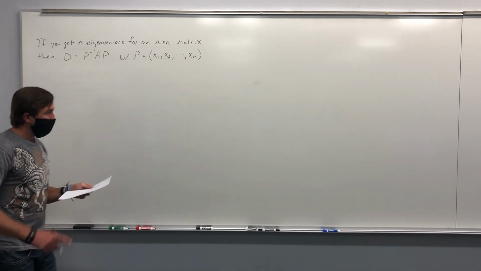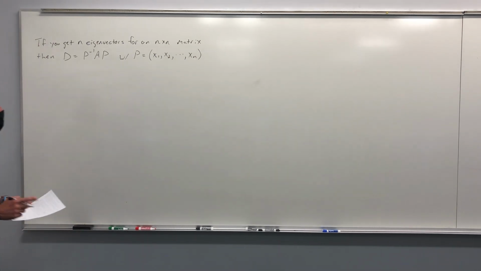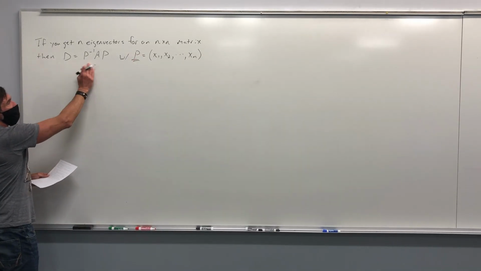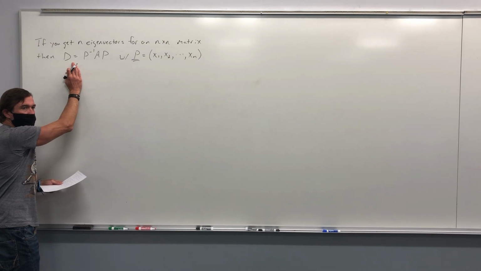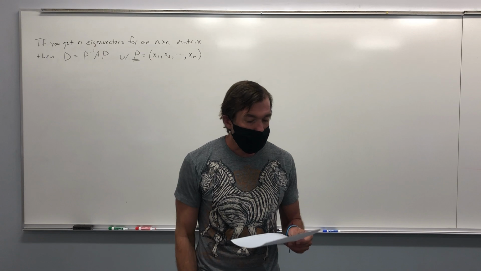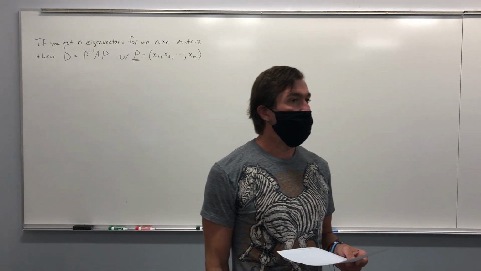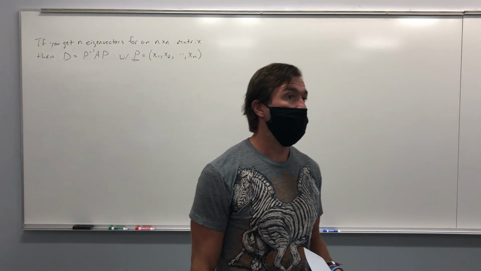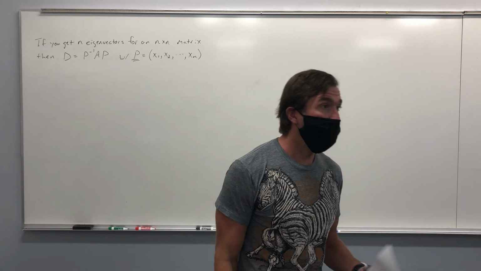Now, here's an interesting observation. This is a matrix P which does this miracle diagonalization. What kind of matrix is P? Is it a symmetric matrix? Is it a unitary matrix? Is it orthogonal? Is it Hermitian?